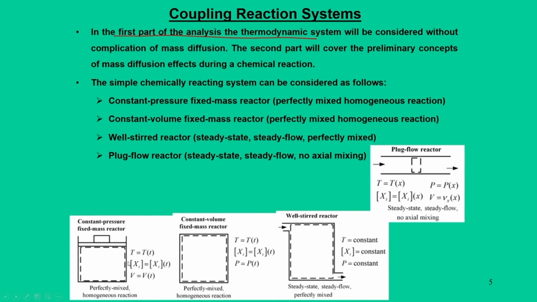As you see in this picture, it is a constant pressure system. We have a piston cylinder, and this particular system is viewed in this manner. Thermodynamically, we can say the fixed mass reactor is modeled by putting a certain mass onto a piston, and the entire system or gaseous medium is within this cylinder, that is reactants as well as products, and this mass keeps the piston from moving.